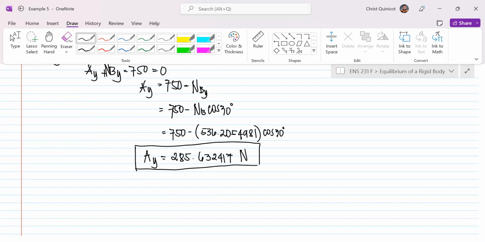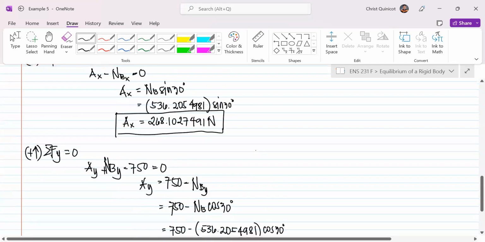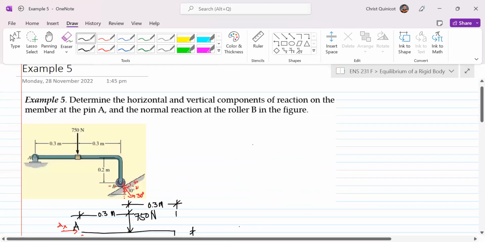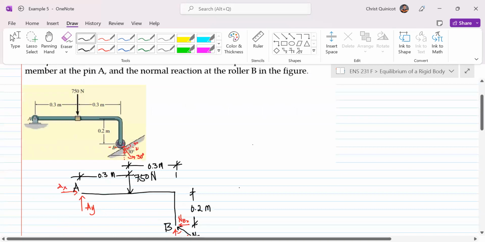So there you go. That is our value for A sub Y, A sub X, and the normal reaction at the roller B, which is provided here in our figure.